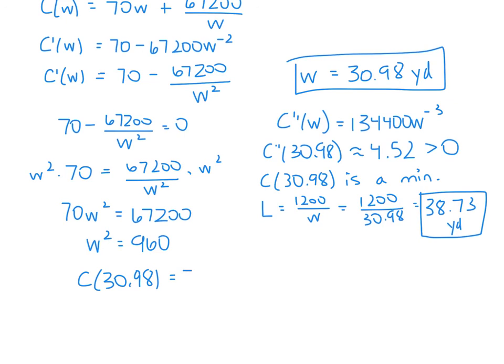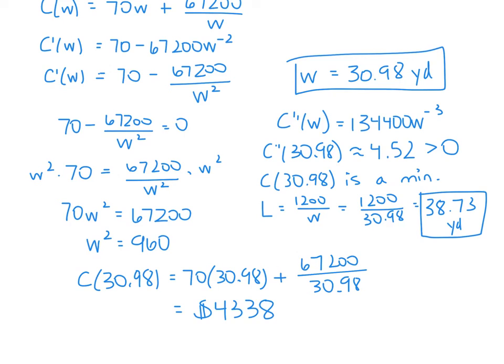So here we have 70 times 30.98 plus 67,200 divided by 30.98. Our cost comes out to be approximately 4,338, rounded to the nearest dollar. So the minimal cost then is $4,338.